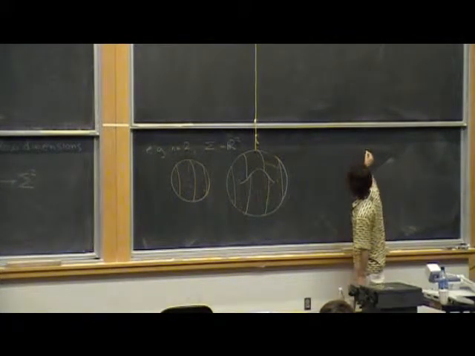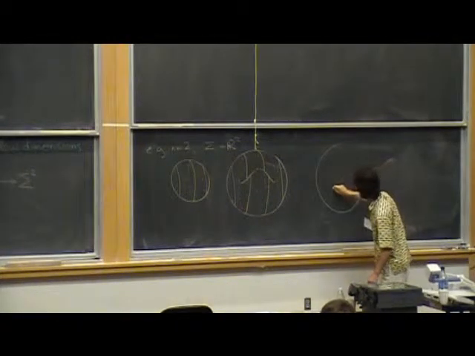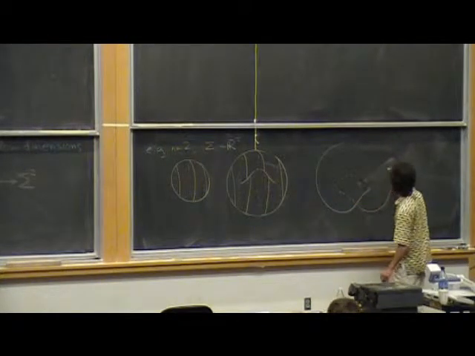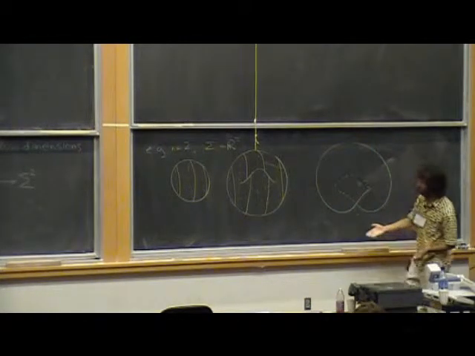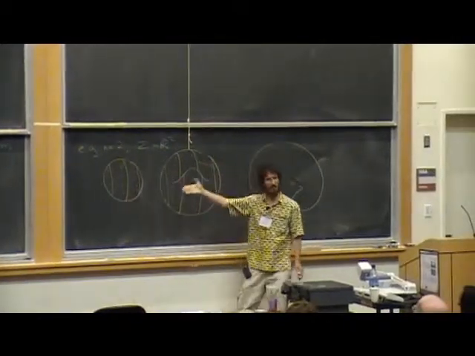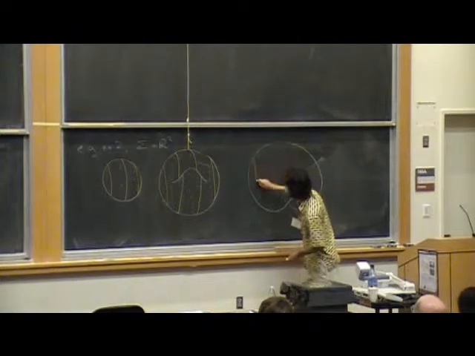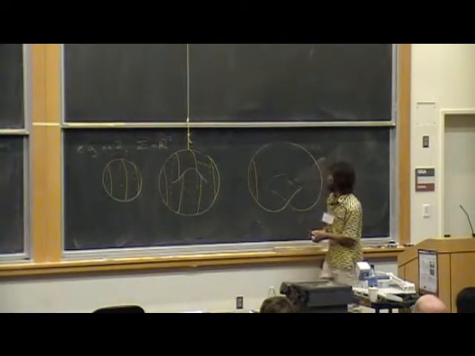I can do other things. For example, instead of putting this little bump in the front, I can push up from below with my hand, like a napkin, and the vertical slice still looks like that.